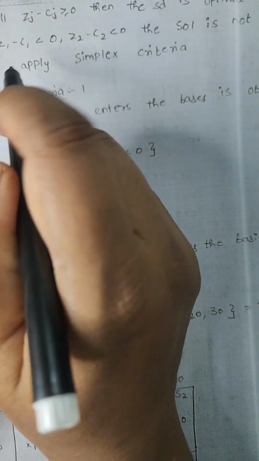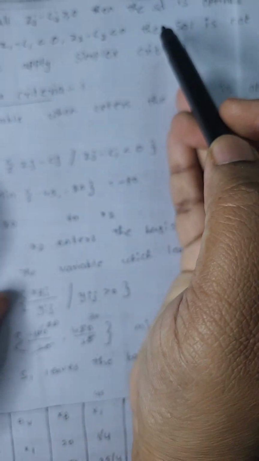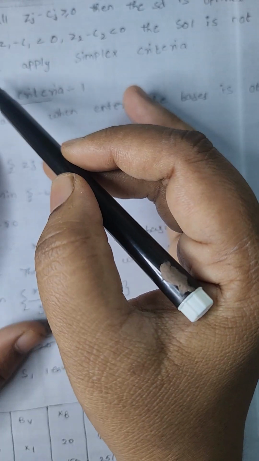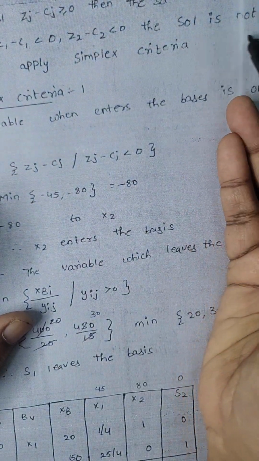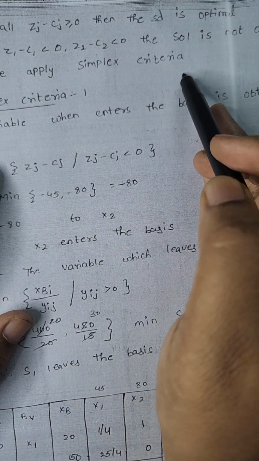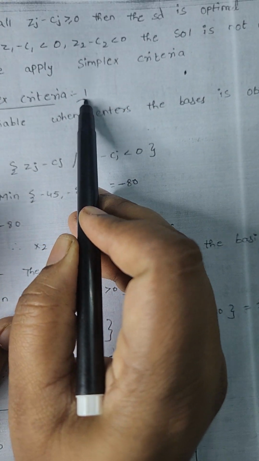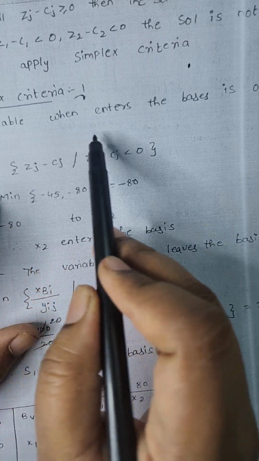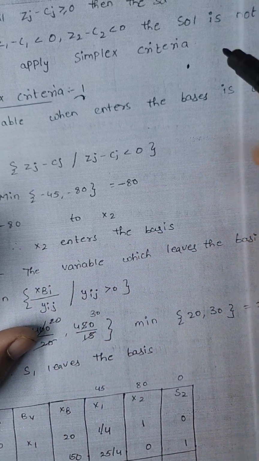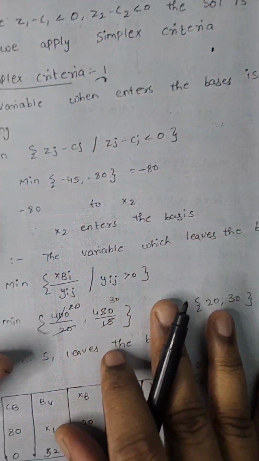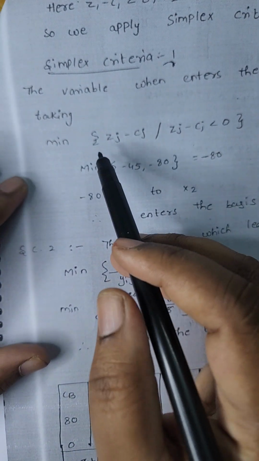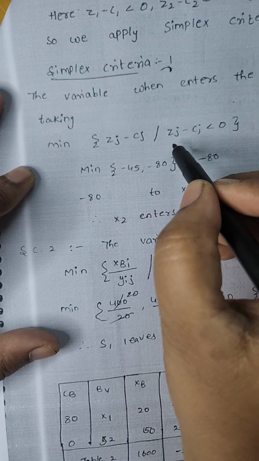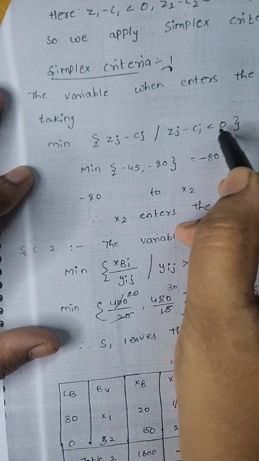See, if all the zj minus cj is greater than or equal to 0, then the solution is optimal. Here two of them are less than 0, so we apply simplex criteria. So simplex criteria 1 is, we find the variable which enters the basis, which is obtained by taking this formula: minimum of zj minus cj such that zj minus cj is less than 0.